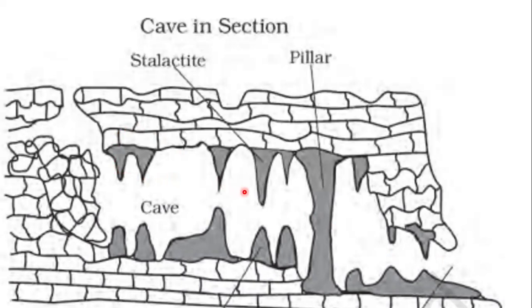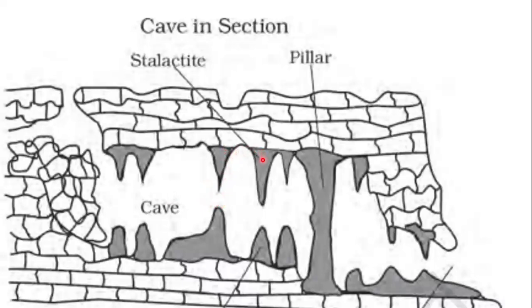Many depositional features are formed in limestone caves as calcium carbonate is insoluble in carbonated water. Calcium carbonate is deposited when the water gets evaporated. Depositional features are formed in this way.